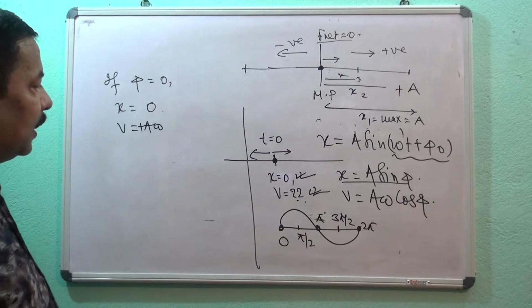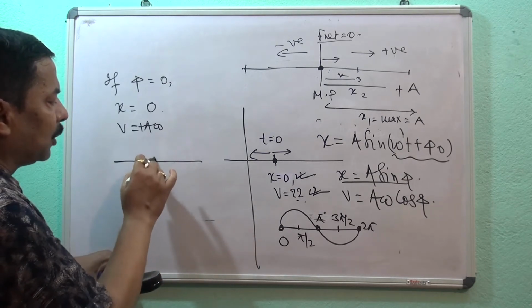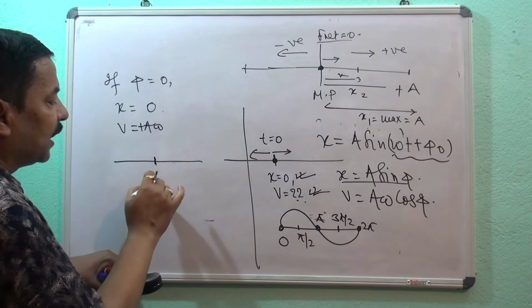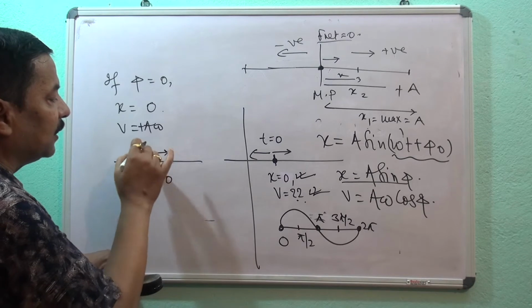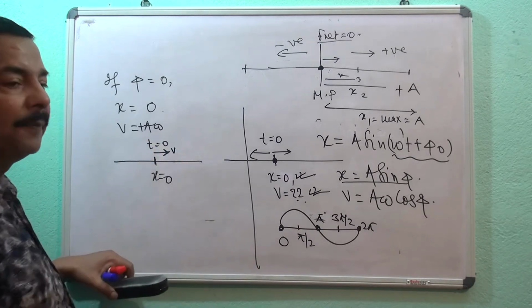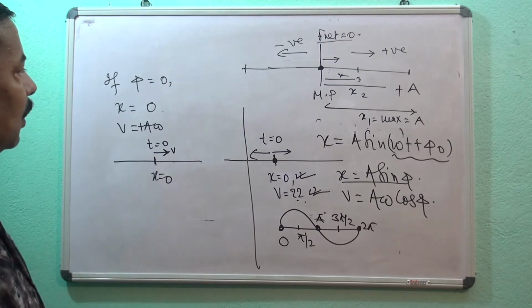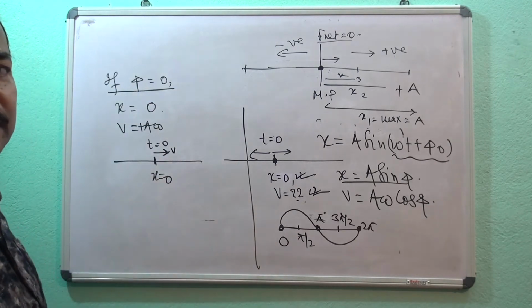What does it mean? It means that in the simple harmonic motion, here is x equals 0 and v is positive, that means the particle has started in this way. This is the meaning of phi is equal to 0.